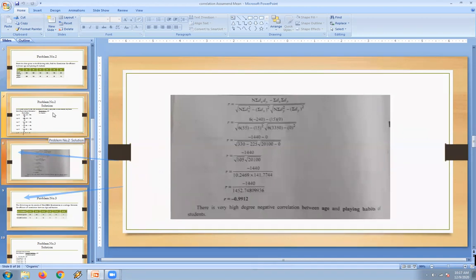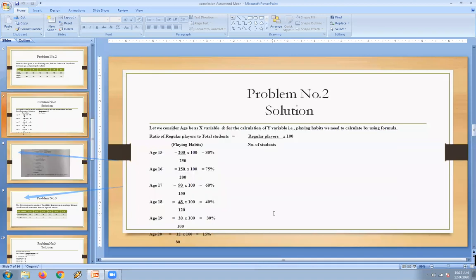This is how you have to calculate for the x and y variables. I'll send you the slides for the calculation.